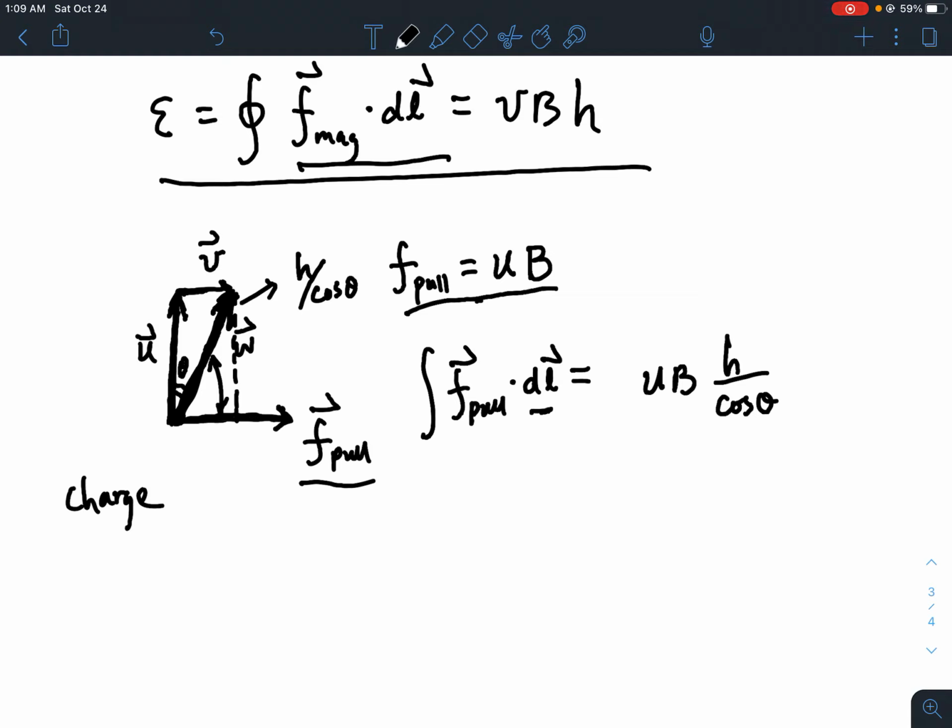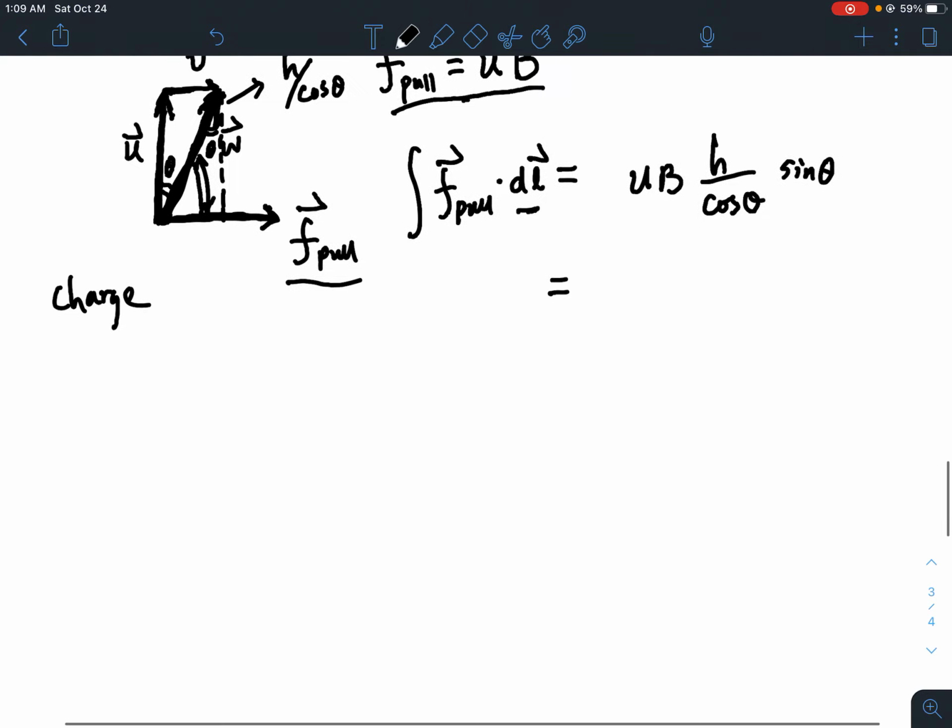So that is really a cosine of this angle, and the cosine of this angle is really the sine of this angle, which is theta. So this one really gives us u B times h divided by tan theta.